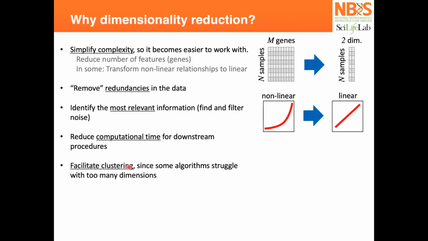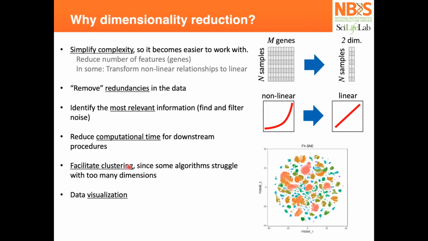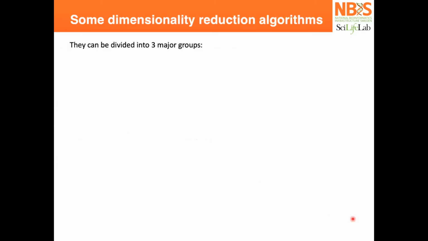The same goes for the selection of which genes are important for your dimensionality reduction, such as selection of the highly variable genes, as also mentioned. And the last purpose would be data visualization, which is a common use, either using TSNE or UMAP, which I'll also explain today. There are many other reasons, but these are the most important for single cell.